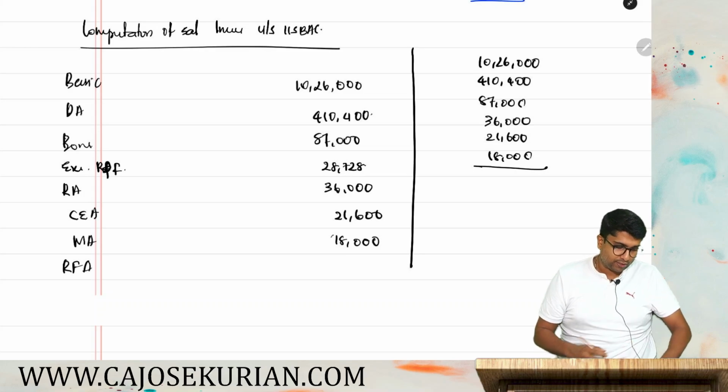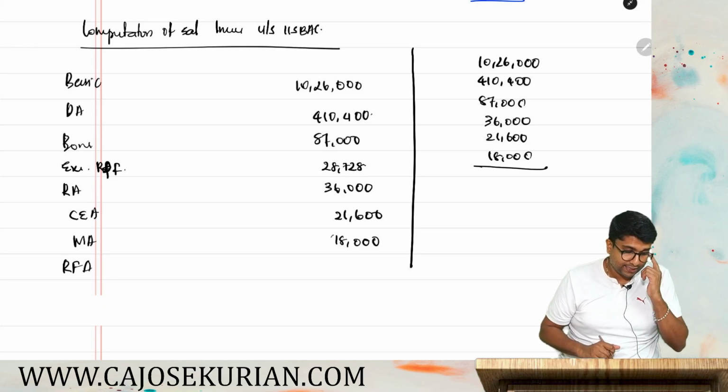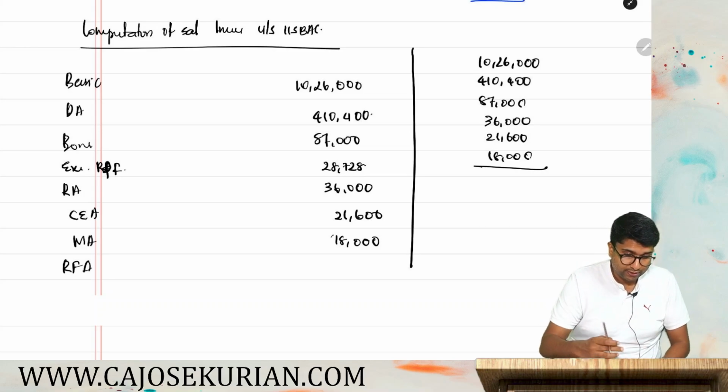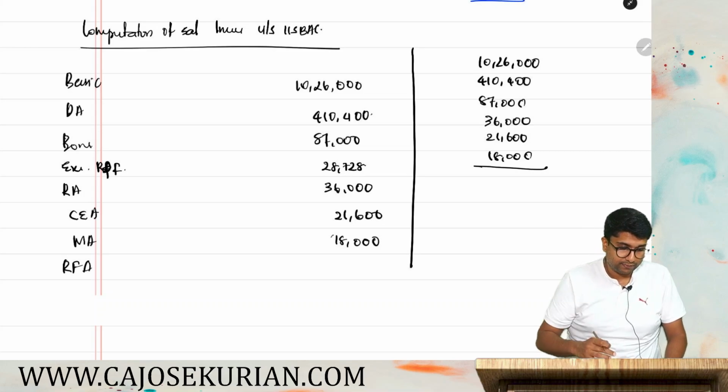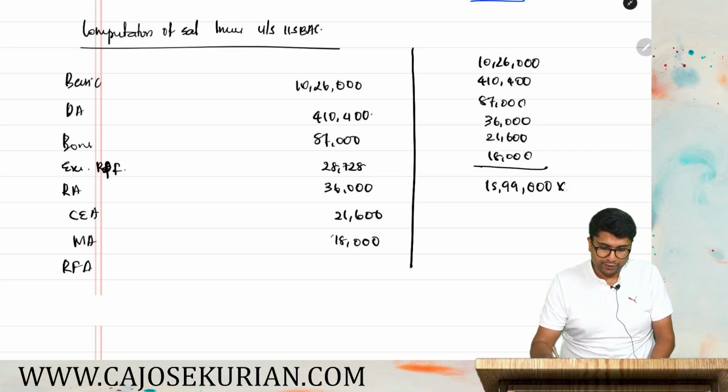So what is the total for the purpose of rent-free accommodation? 10,26,123 plus 4,10,400 plus 87,000 plus 36,000 plus 21,600 plus 18,000, and that will be 15,99,000, the salary for the purpose of rent-free accommodation, into 10%.